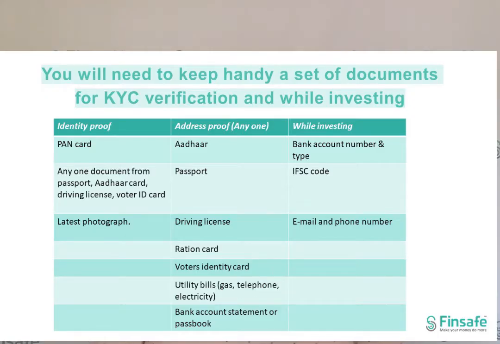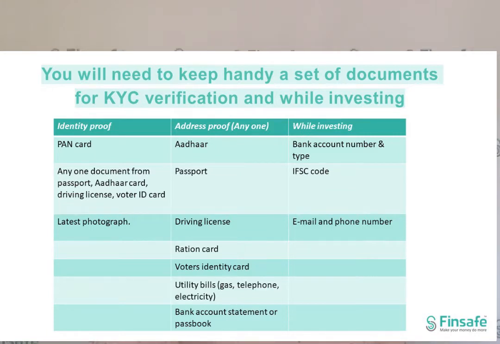For folio creation, you need to submit information like the bank and the nomination details. And after submitting these details, the investor can create a folio for himself or herself. A quick check on the documents that are allowed for identity proof. You of course have PAN card, and any of the documents like passport, Aadhar, driving license or voter ID.